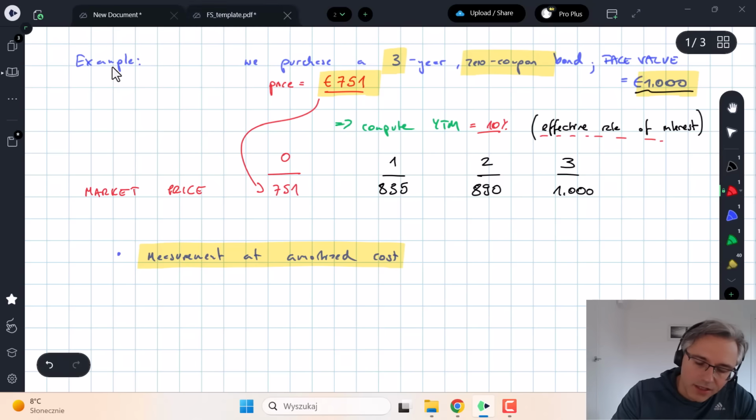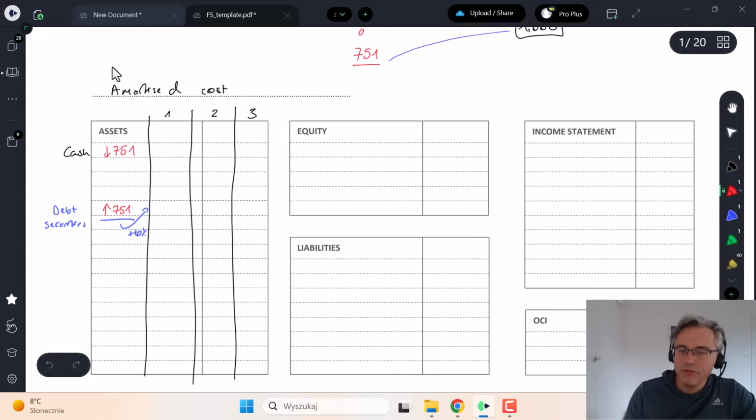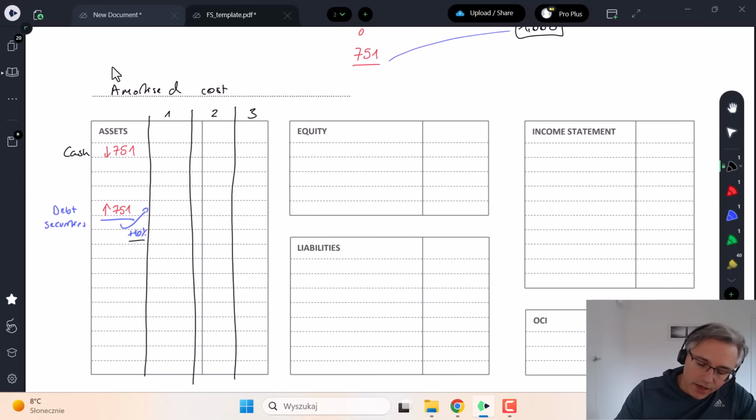So let's have a look at what this would cause. Well, if you apply 10% to 751, you get growth of more or less 75. I'm going to, of course, apply rounding here. So this is growth of 75.